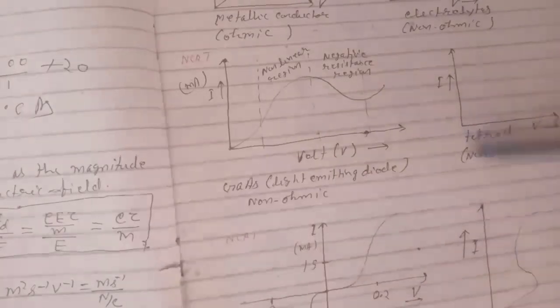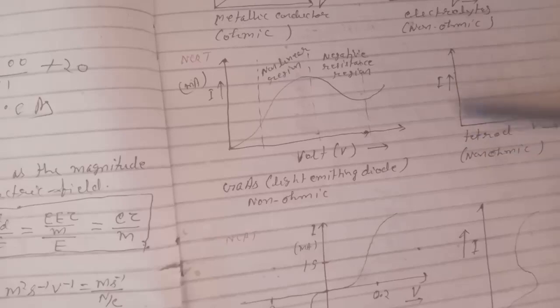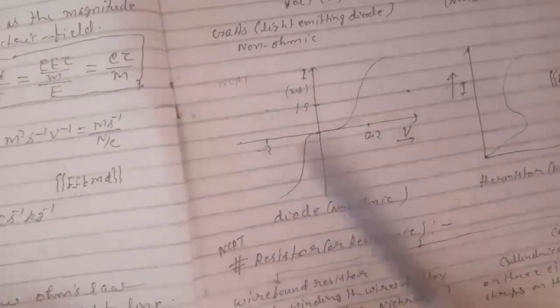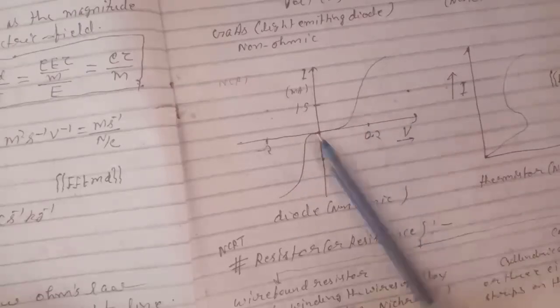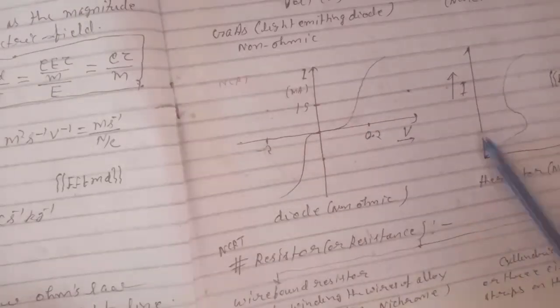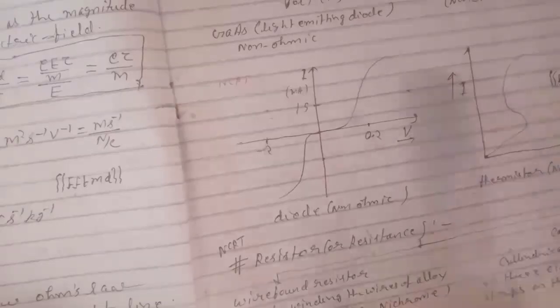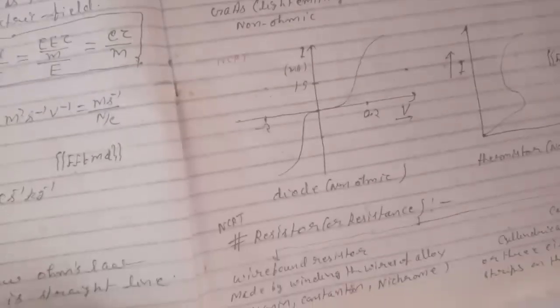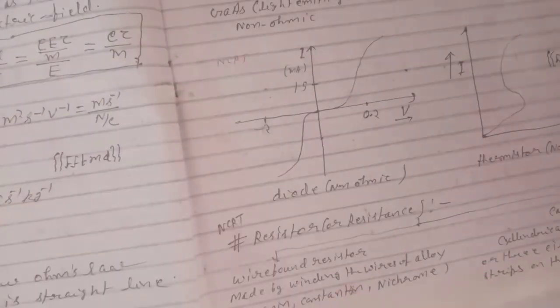In tetrode, non-ohmic because current is always constant. In diode, such type of V-I characteristics, and in thermistor it is also such type of graph. So these are non-ohmic materials; don't say conductor, you can say non-ohmic material.